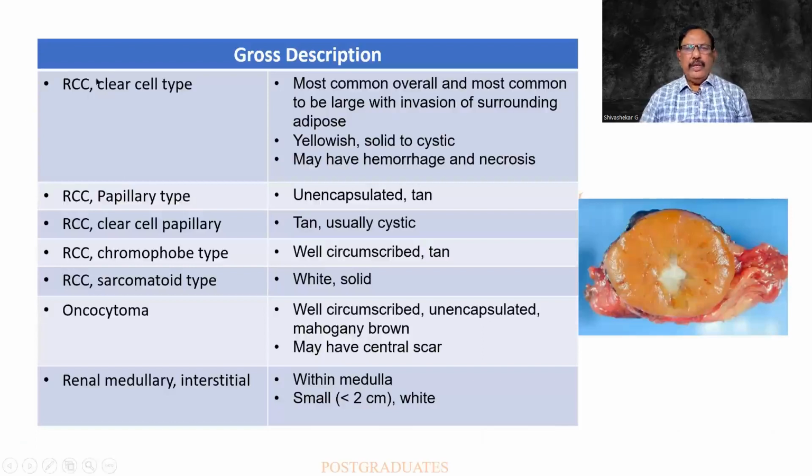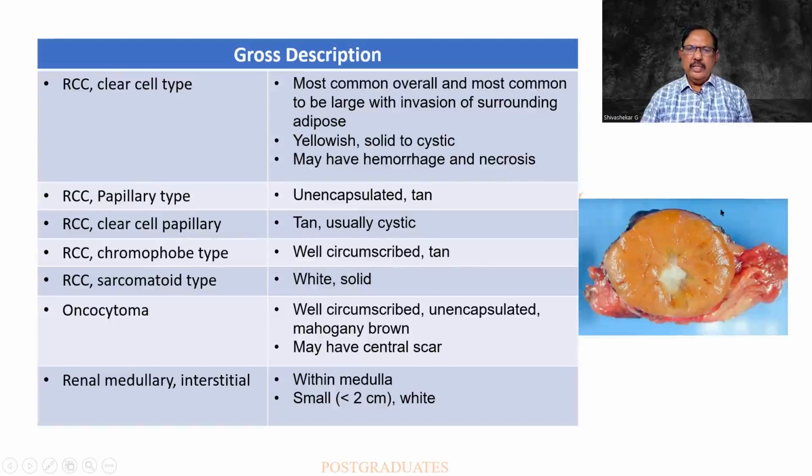So this is a beautiful table. I would like you people to kindly learn it by heart. So there can be a clear cell type, which is most common, and you will have to look for the solid and the cystic areas and hemorrhage and necrosis. Papillary is usually unencapsulated. It is tan in color. Chromophobe type is well circumscribed and tan in color.